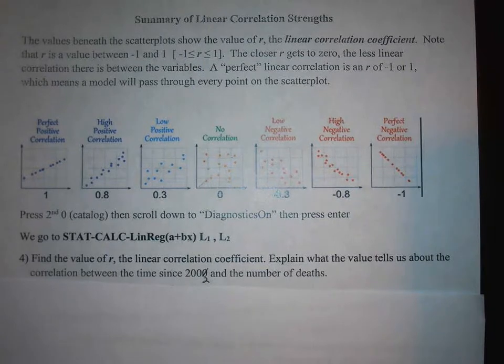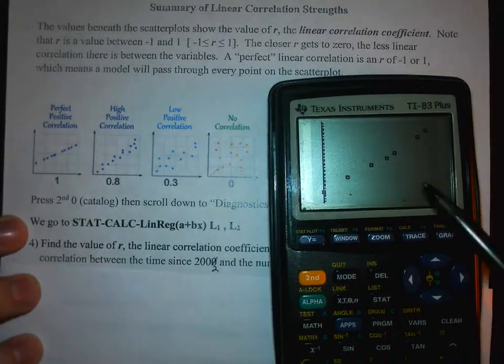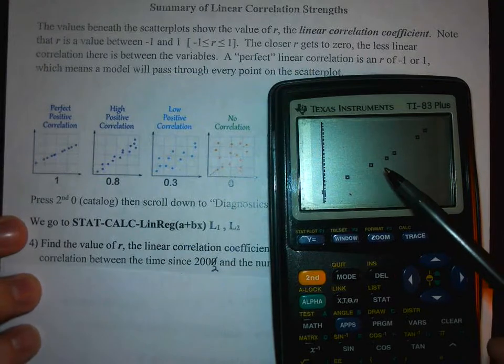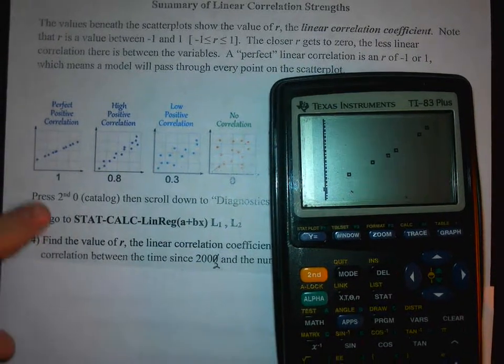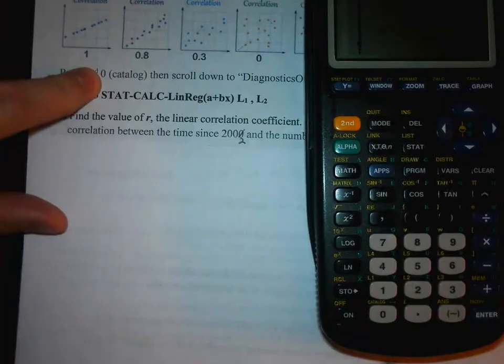Okay, so how do we actually find the R value for our example? Well, we know that based on what the scatter plot looks like, it's a pretty high positive correlation. So the way we're going to do that, we're going to turn our diagnostics on by pressing second 0. You see how above the 0, there's a catalog.